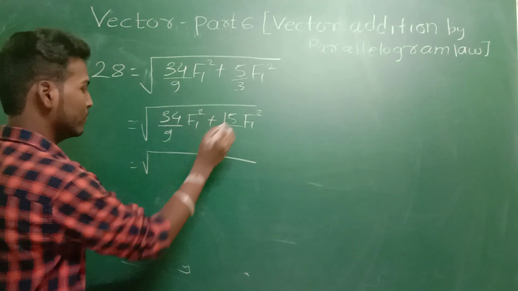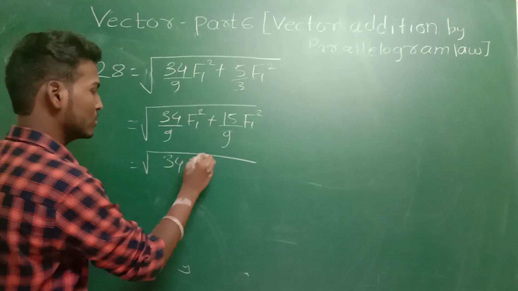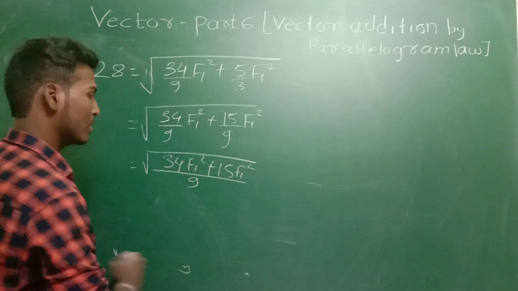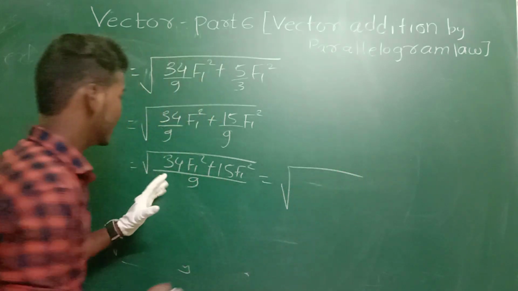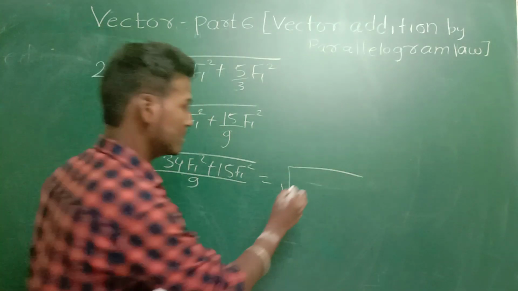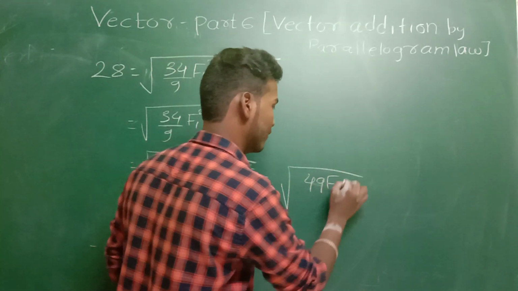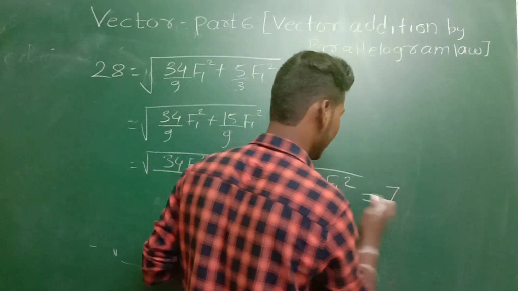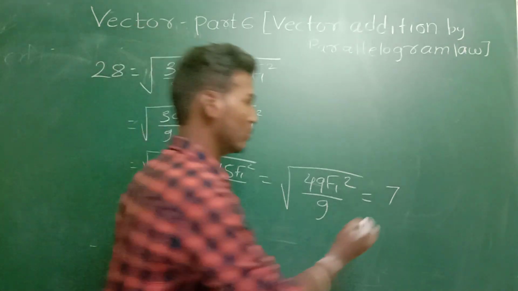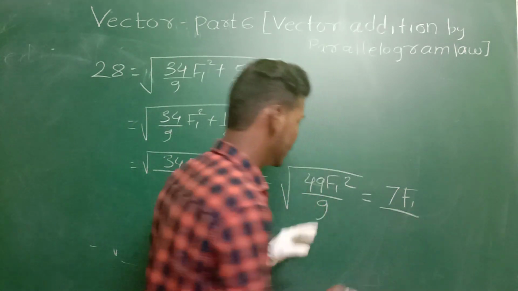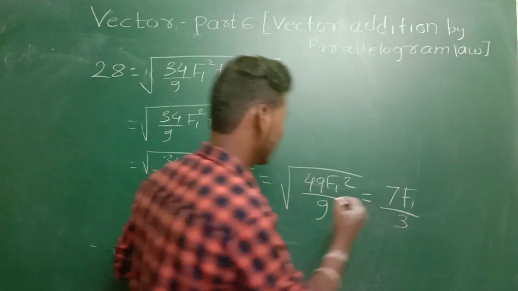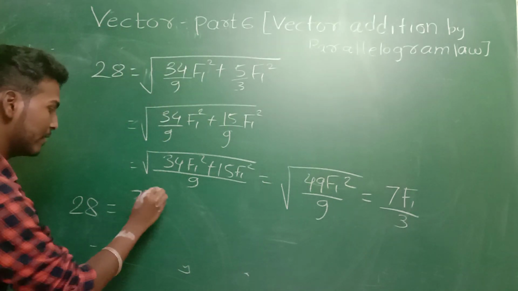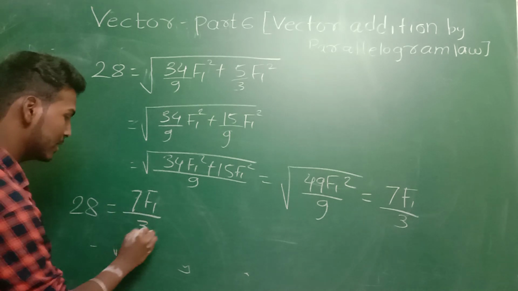So 34 F1 square plus 15 F1 square divided by 9, which is 49 F1 square divided by 9. The square root gives 7 F1 divided by 3. So 28 is equal to 7 F1 divided by 3.